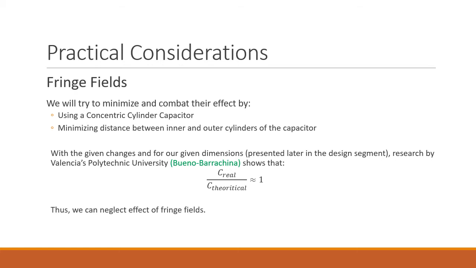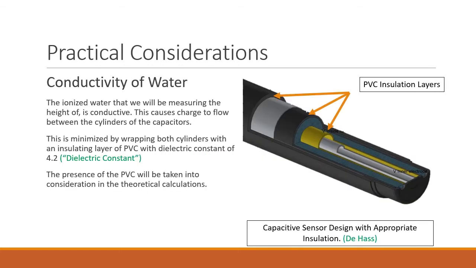The next practical consideration is the conductivity of water. Now, the ionized water that is stored inside a tank, and which we will be attempting to measure the height of, is of course conductive, and this causes charge to flow between the cylinders of the capacitors, which we must attempt to reduce and minimize.